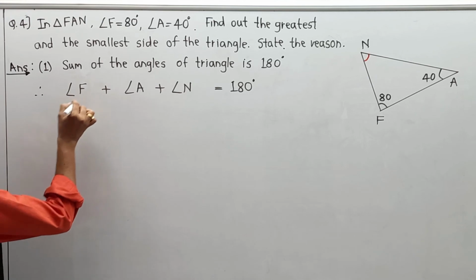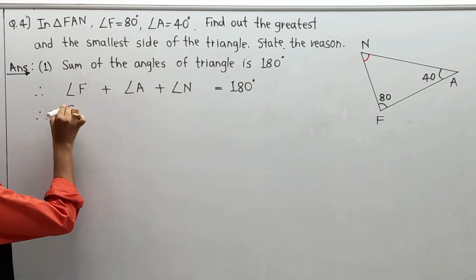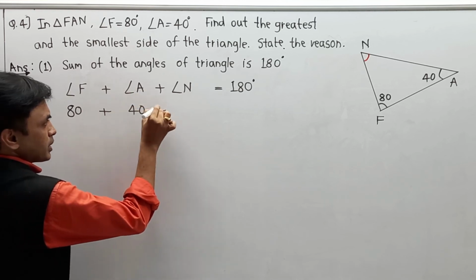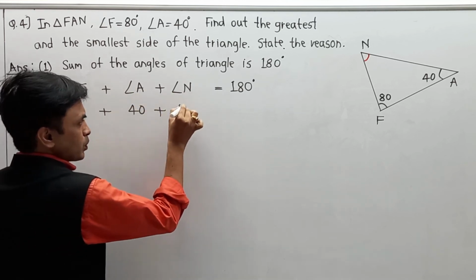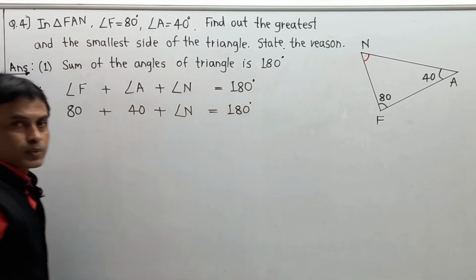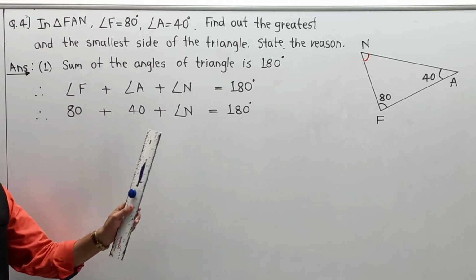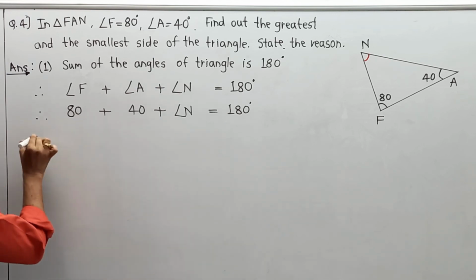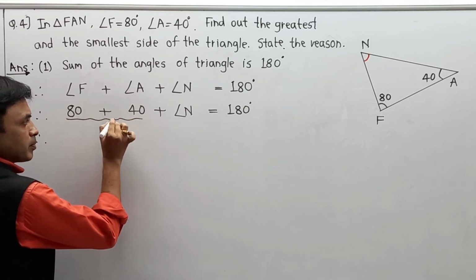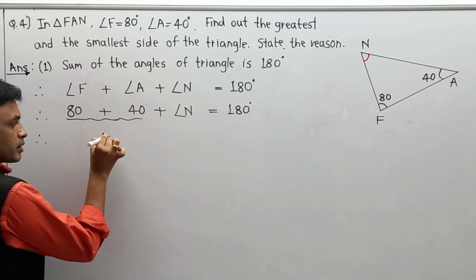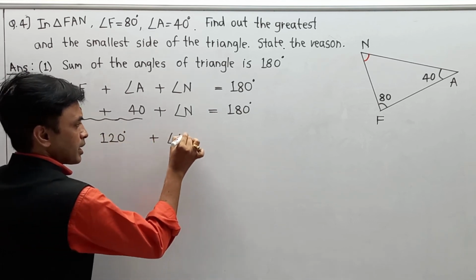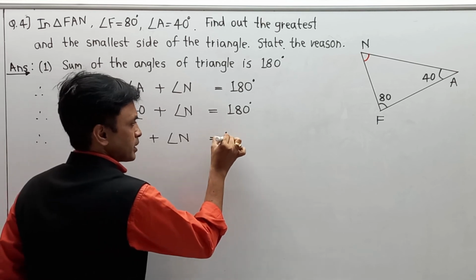As per the condition, angle F is 80 degrees, plus angle A is 40 degrees, plus angle N, which we have to find, is equal to 180 degrees. Now it is simple simplification, step by step. 80 plus 40 becomes 120 degrees, plus angle N is equal to 180 degrees.